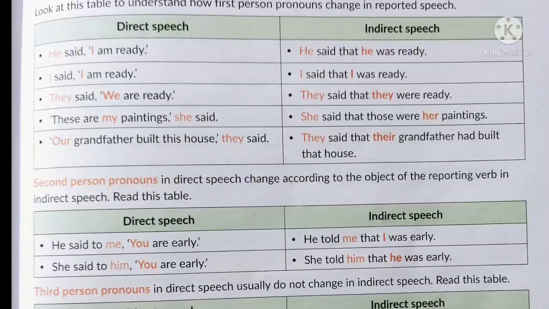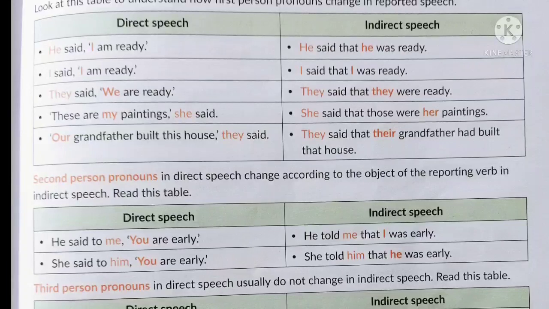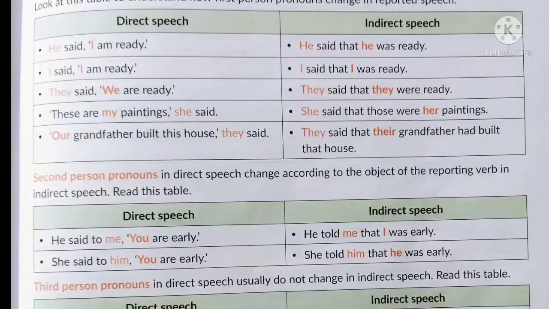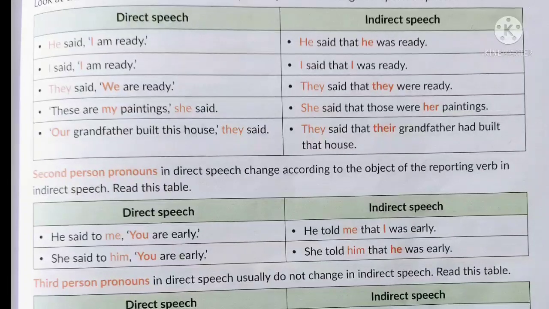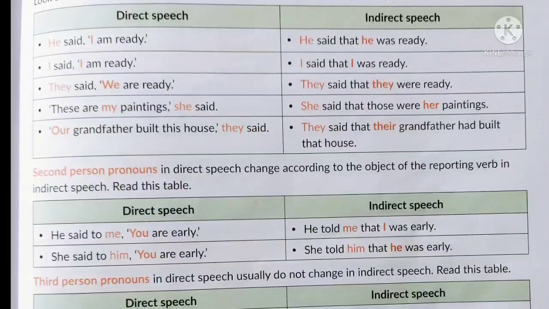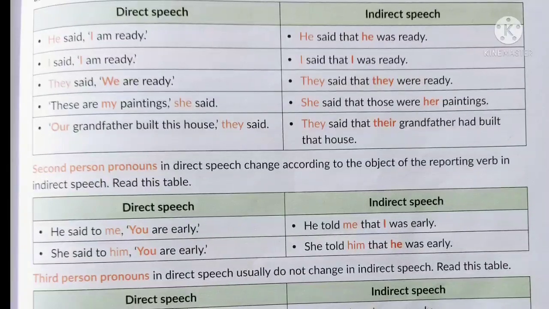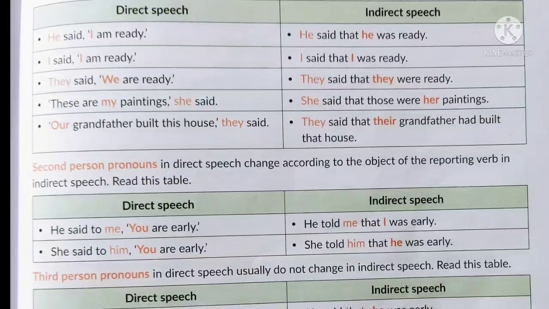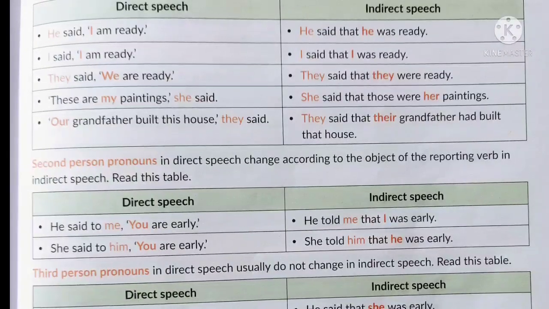When you talk about third person pronouns in direct speech, they usually do not change in indirect speech. Read the table: He said, "She is early," which is written in direct speech. When you change it into indirect speech, it becomes: He said that she was early.